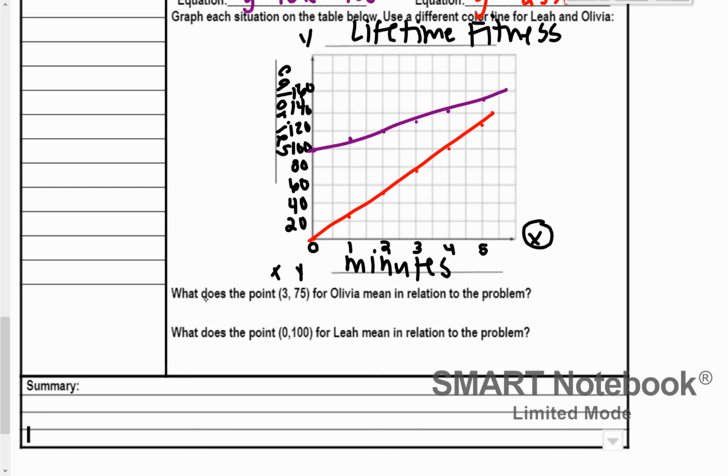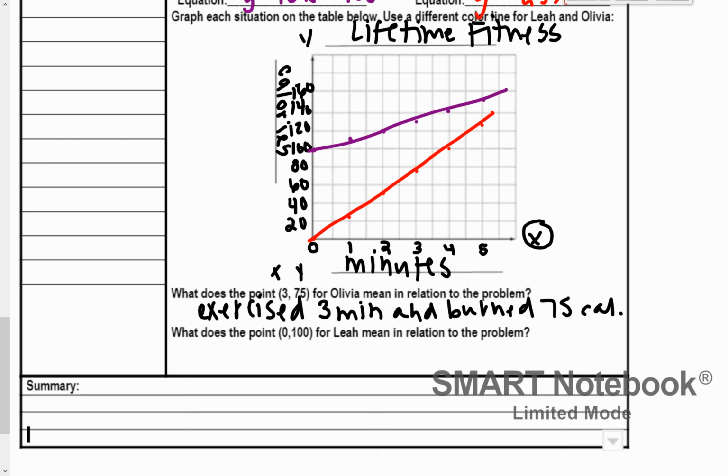So she exercised for 3 minutes. And our y is calories, so she burned 75 calories.